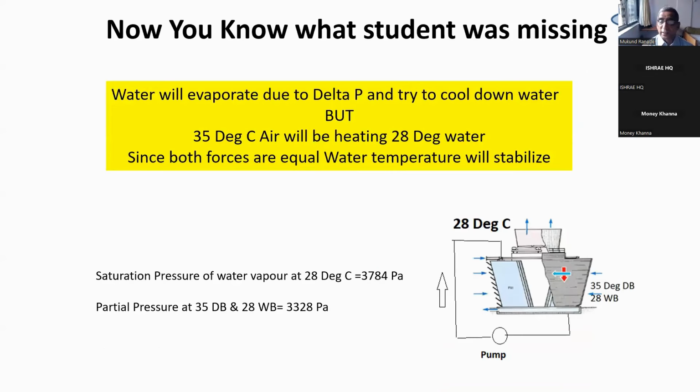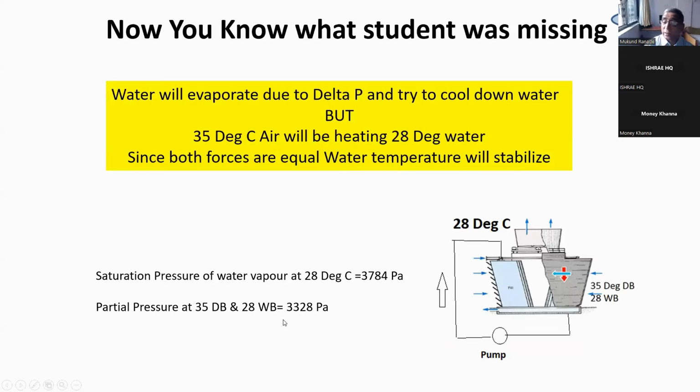Now we understand what the student was missing. The temperature had come down to 28 degrees centigrade water, and 28 degrees centigrade water has a higher water vapor pressure than the partial pressure of water in the air.